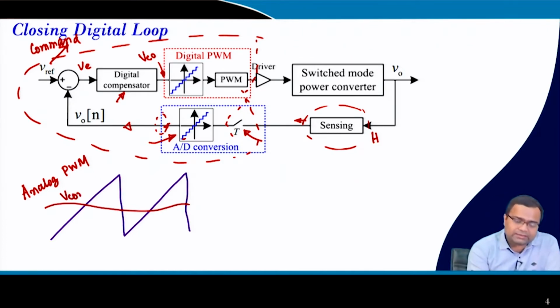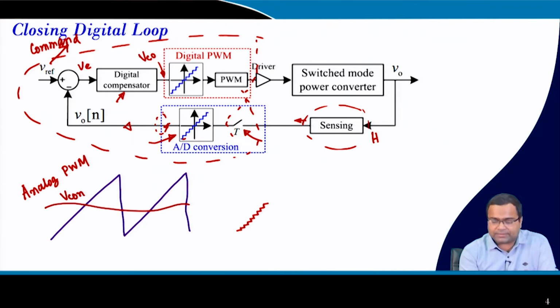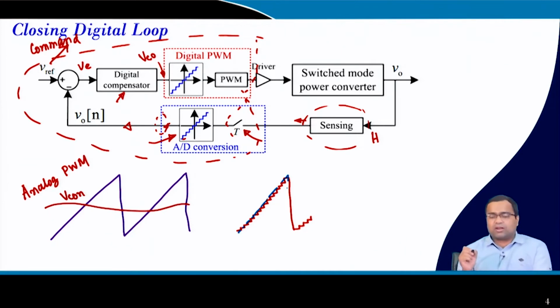What will happen for digital? If we want to draw something similar or equivalent, it will be like a staircase waveform. You may think the easiest one is the counter-based approach, where there will be a staircase waveform, and again it will reset, it will go like this. So, in an average sense, you can think of this slope as something similar to analog control.